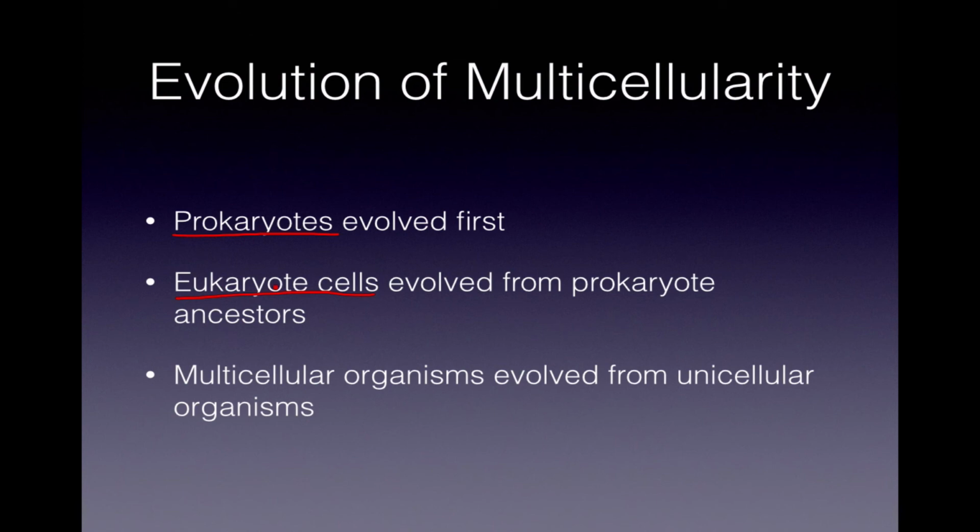And then from single-celled eukaryotes we produce multicellular organisms. So you go from prokaryotes to eukaryotes to multicellular organisms, and as we move downward, we become more complex. So the history of life on Earth has been a history of increasing complexity from prokaryotes to eukaryotes to multicellular organisms.